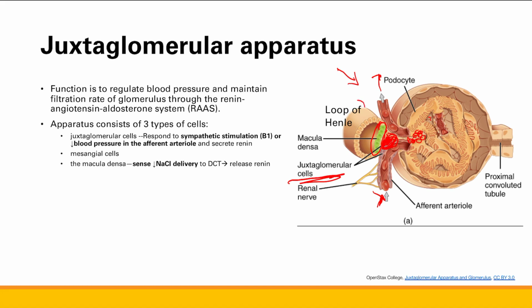So this is the loop of Henle right here, and it's back by the glomerulus because, as you remember, it goes down and the loop of Henle goes back up. Again, they sense sodium chloride delivery. So decreased sodium chloride delivery means there's hypoperfusion of the kidney, and so you're going to release renin. All of these lead to release of renin from the juxtaglomerular cells.